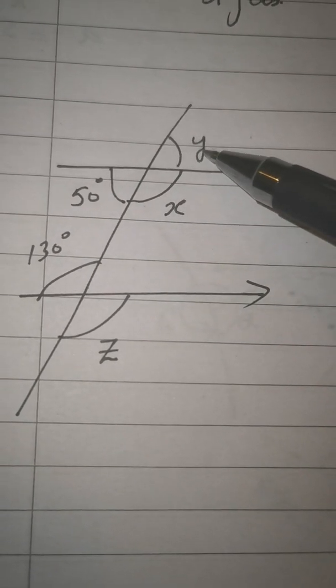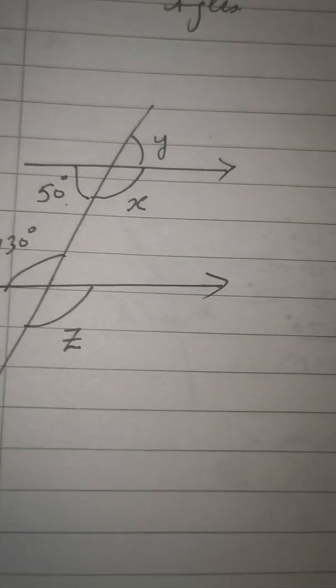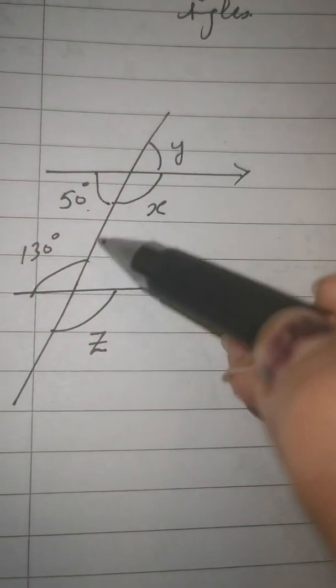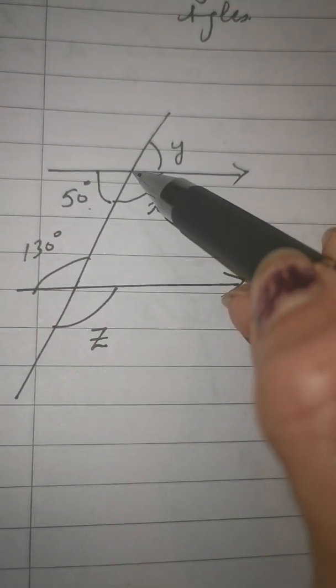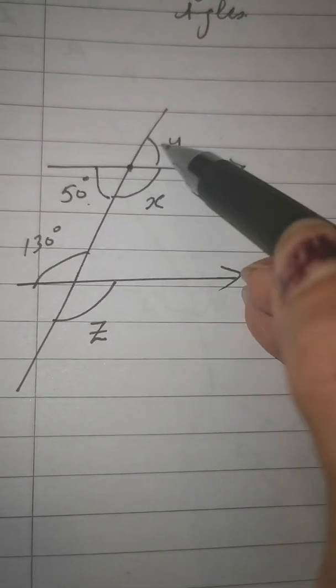I can see y, and this value is given as 50 degrees. I am using the definition of this. If two lines cut each other, then the vertically opposite angles are equal, right? X is equal to y. So I am using this definition. Two lines cut at one point, then vertically opposite angles are equal.